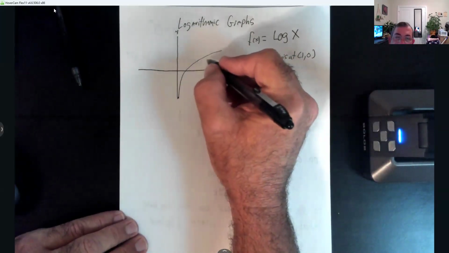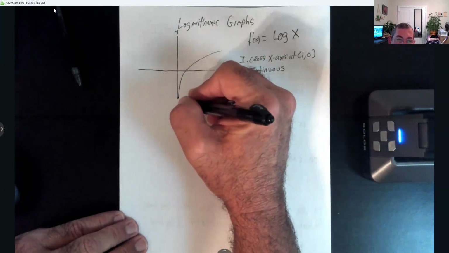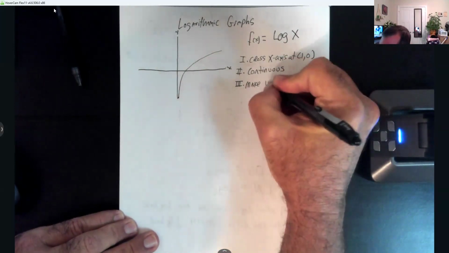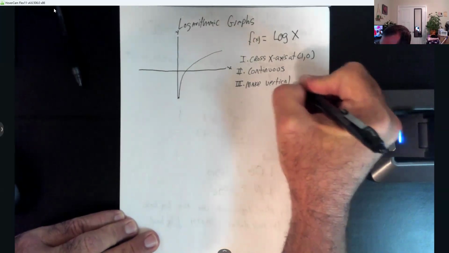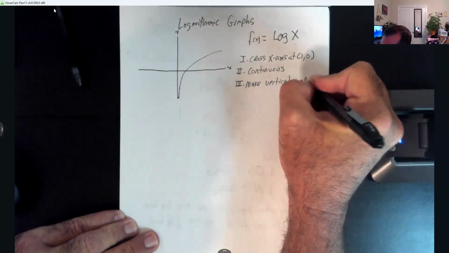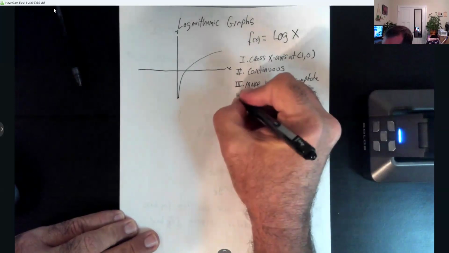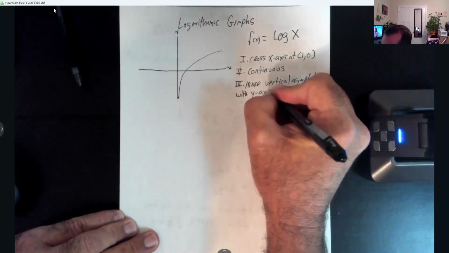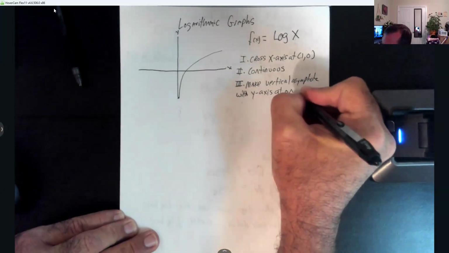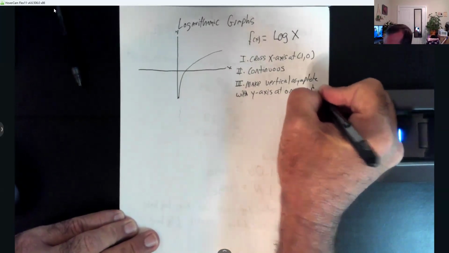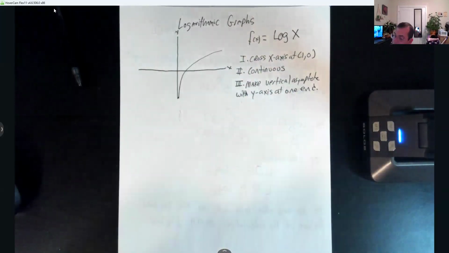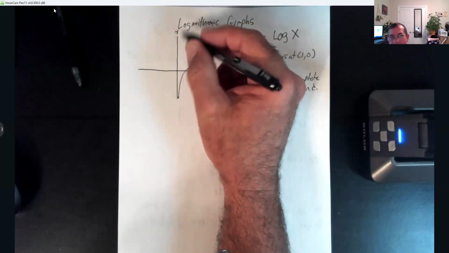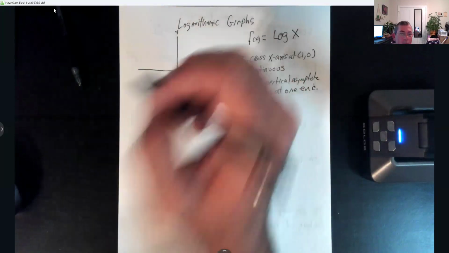And they make a vertical asymptote with the y-axis at one end. Okay. Now, if I reflect it, it'll sort of go down the other way, but it'll still make that asymptote with that y-axis.